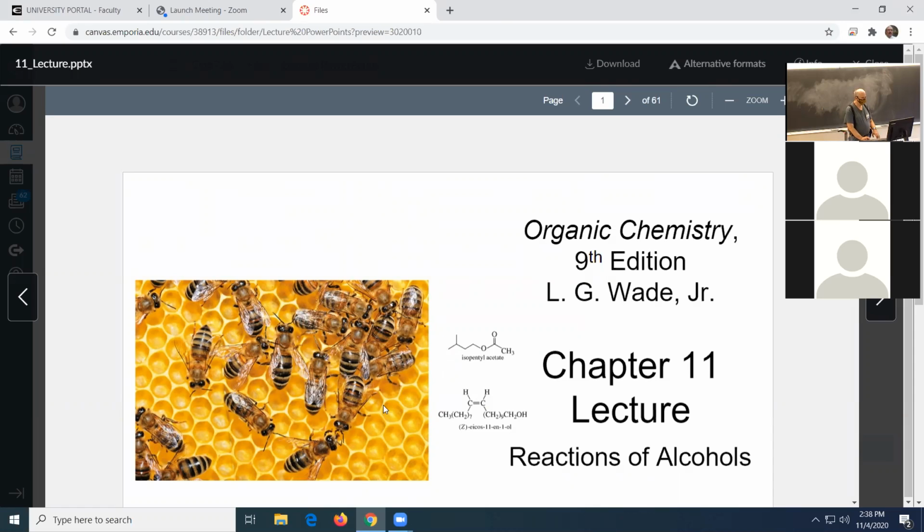Chapter 11 is reactions of alcohols. Chapters 12 and 13 we're going to cover in lab. Both those chapters deal with identification, qualitative analysis of organic compounds using spectroscopy to identify compounds.